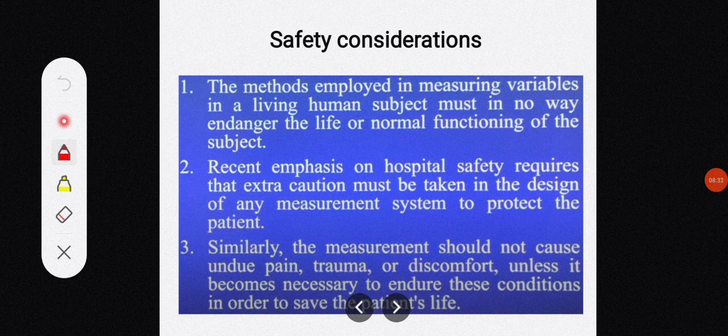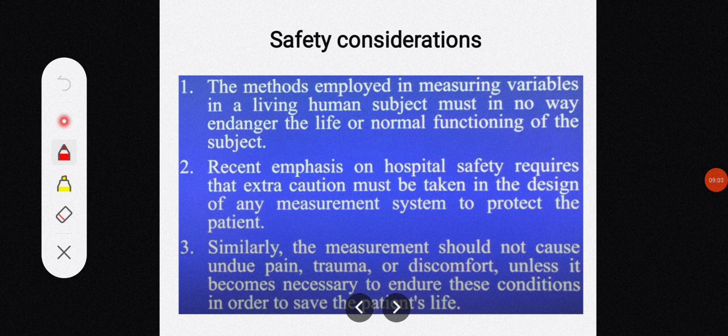So the measurement should not cause undue pain, trauma or discomfort, unless this pain, trauma or discomfort becomes necessary to save the patient's life. If it is at the risk of the patient's life, and the treatment will be painful, discomforting or traumatic but will save the patient's life, then it is okay.